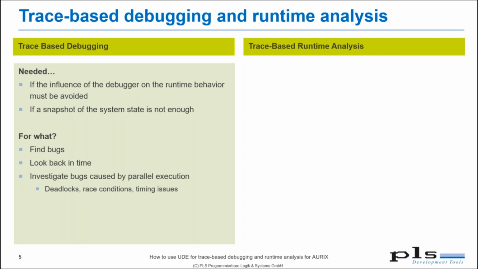Another use case is whenever you need more than a snapshot of the target state. For example, if you hit a breakpoint, then you see only a snapshot at this specific point in time. And if that is not enough, and if you want to look back in time, then trace is useful.